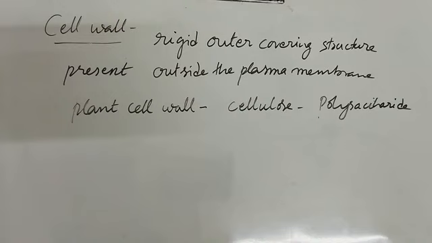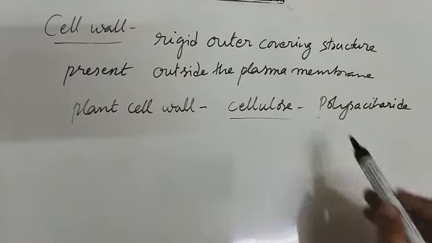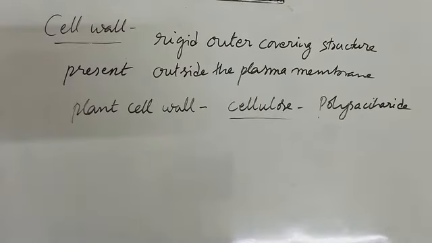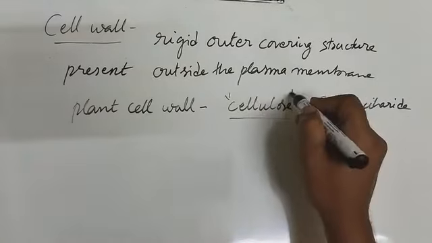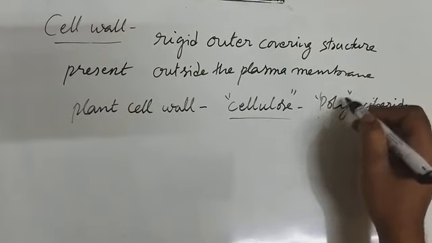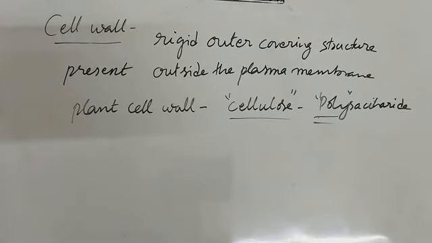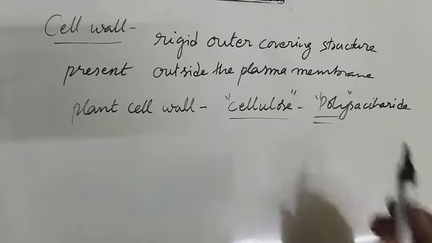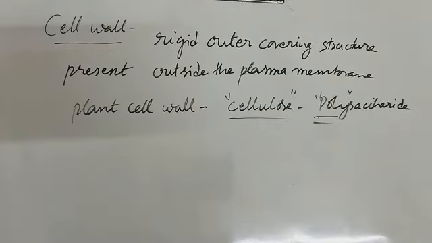Cellulose, as we already have discussed, is a complex polysaccharide, a complex carbohydrate, because it is a polymer. Cellulose is a polymer, right? The monomer for cellulose is glucose only. It provides structural strength to the plants.